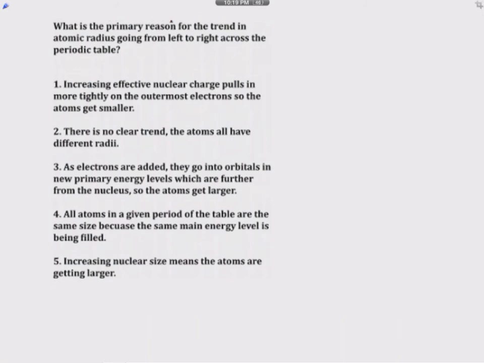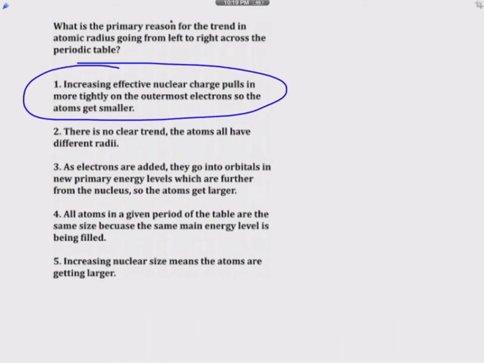As you go from left to right, and this is just talking about going across, going up and down is a different thing, you're adding electrons to the same energy level, so essentially the same distance from the nucleus, while adding protons to the nucleus.